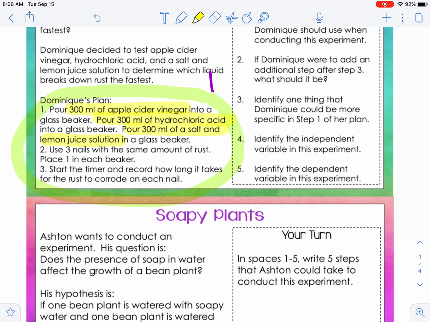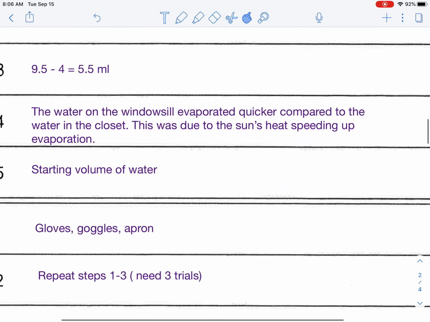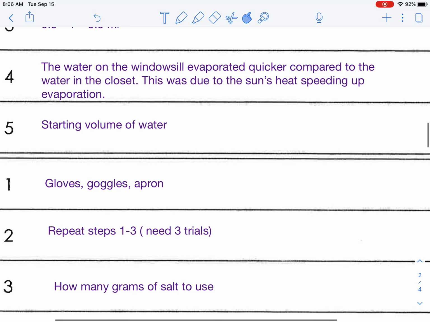Okay, so where I see a problem is that I don't know how much salt I need to add to this lemon juice solution. So that's what I'm going to put as my answer: how many grams of salt to use with that.